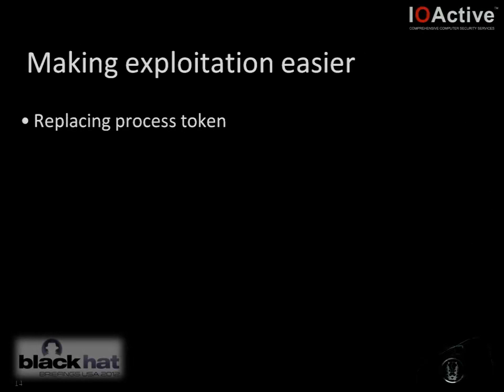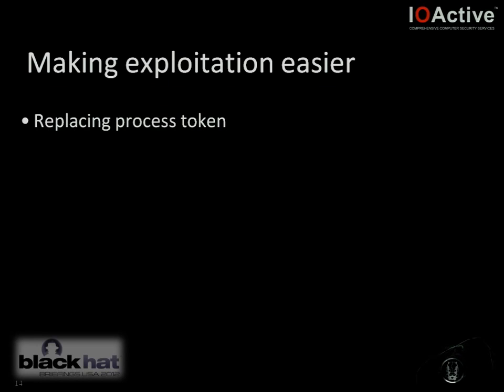Another way is by abusing some interprocess communication mechanisms. Because in Windows, when you do IPC, there is some impersonation taking place. And when you do it from a low privilege process, sometimes you end up with an identity token on the client process that is doing IPC.